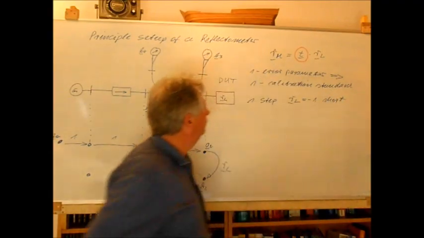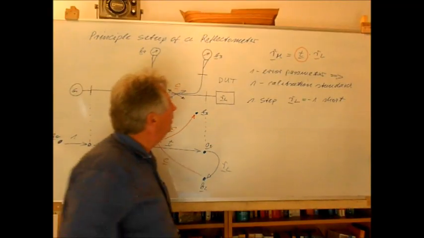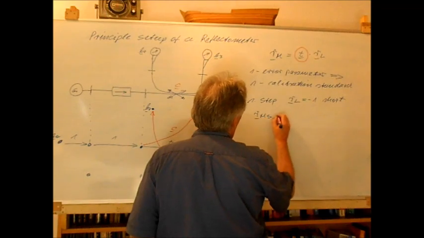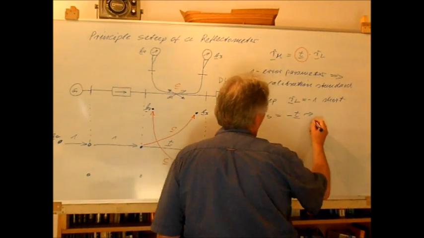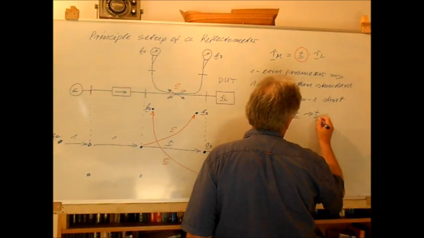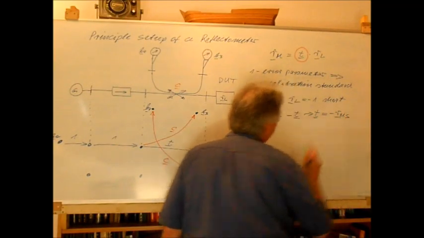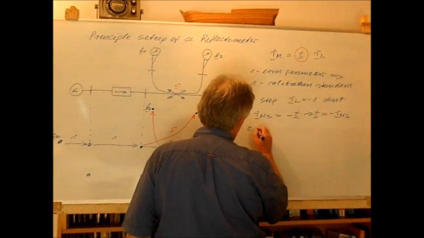Well, just write short here. So in the first step we measure the calibration standard, so RMS will be minus T, or we find that T will be minus RMS.